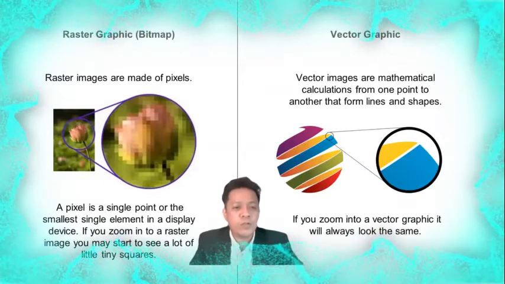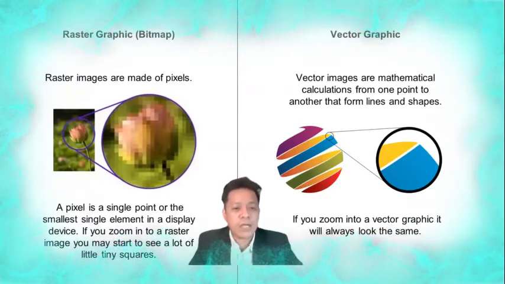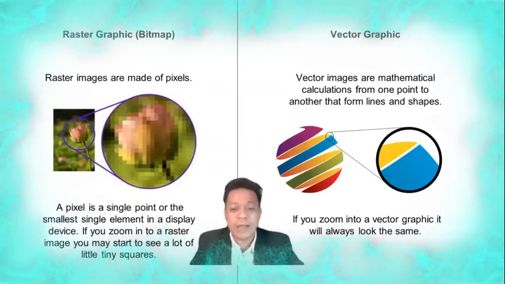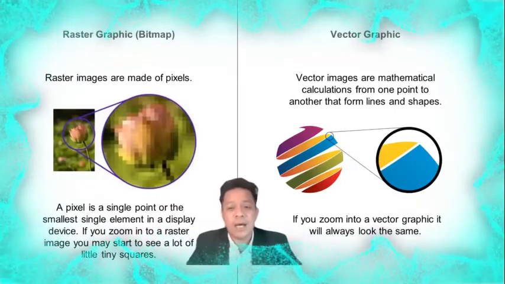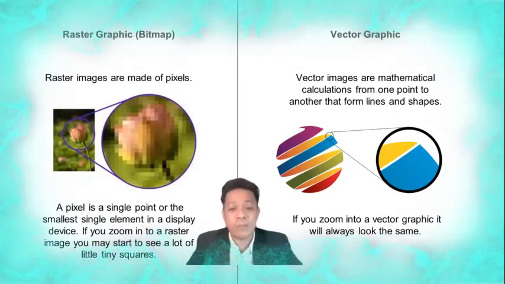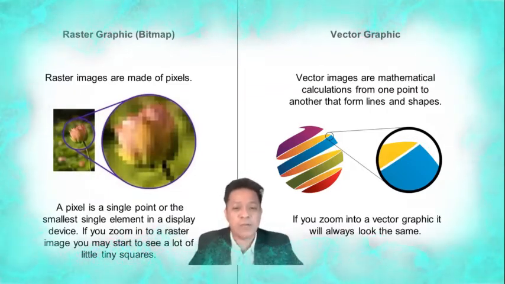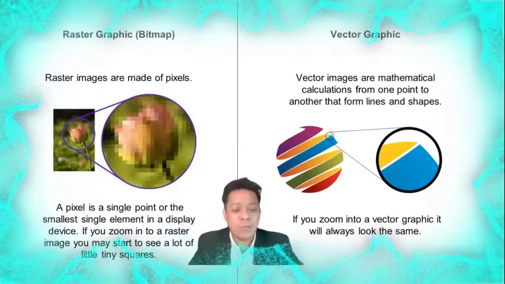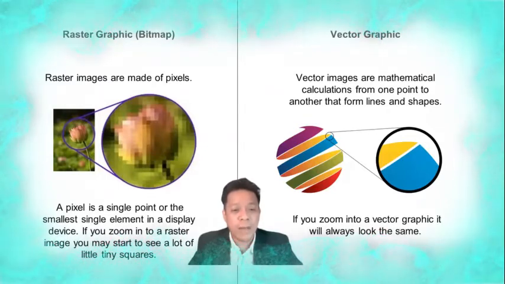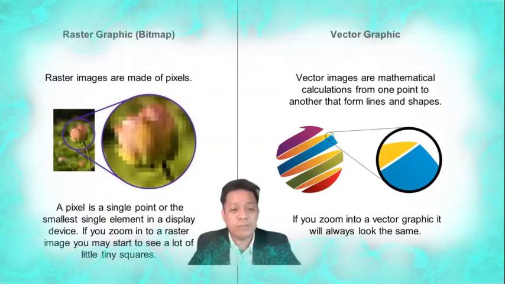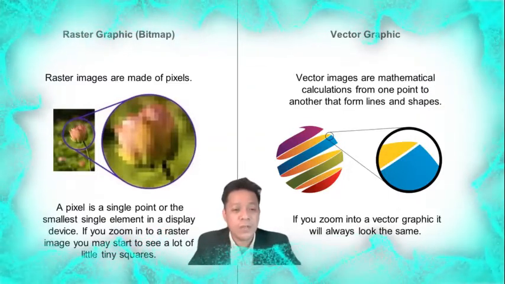When we look at raster graphic, the image is made by pixels, whereas vector images are mathematical calculations from one point to another point that form lines and shapes. As you can see from the slide, a pixel is a small box, and a combination of small boxes creates the image.